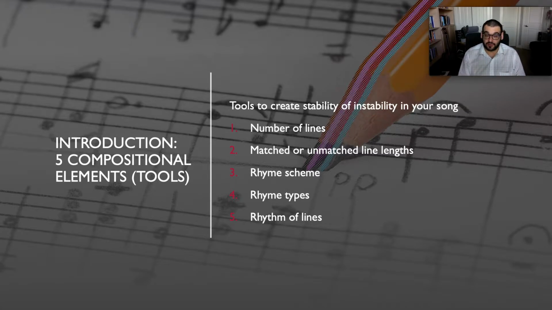There are 5 different tools: the number of lines, the length of the lines, the rhyme scheme, the different types of rhyme, and the rhythm of the lines. Today we're going to be talking about the number of lines and the length of the lines. Are they matched or are they unmatched? Do they match up in terms of length, or is one line shorter than the other? And what is the effect of that?